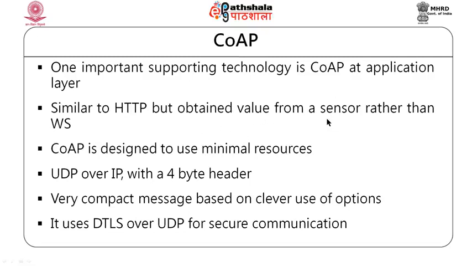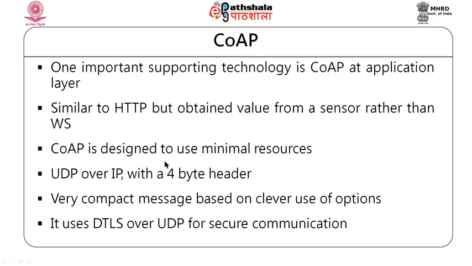So, if you use a soil sensor which talks to a cloud directly, how will it talk to the cloud? There is a server somewhere, and the CoAP application can read that information from the soil sensor and decide the amount of water to be pumped in. So, that system is lying on the cloud, and CoAP can be used.